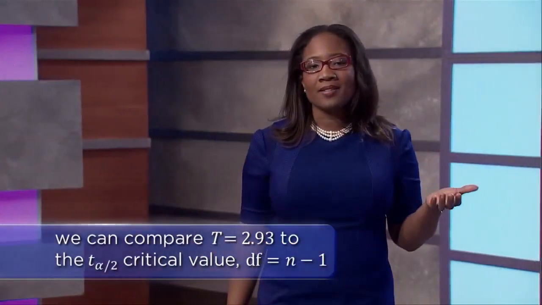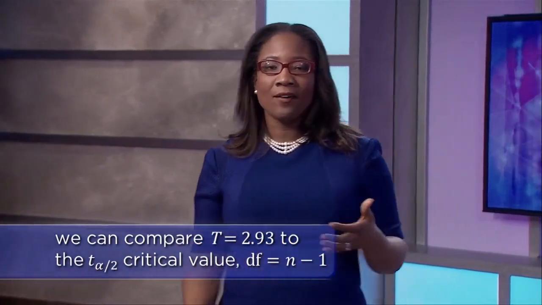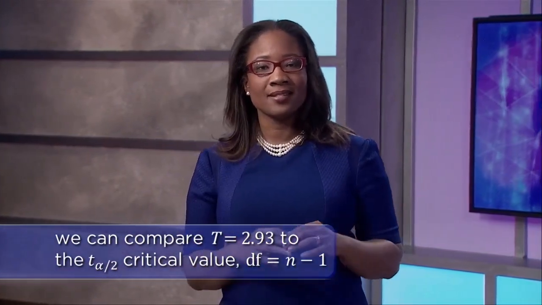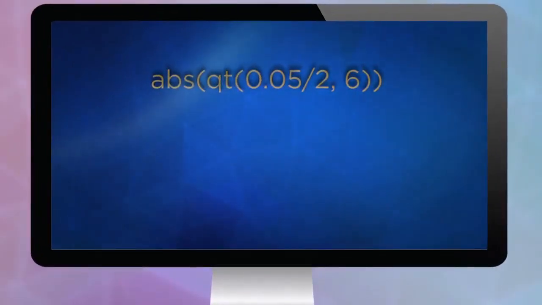Now, we can compare this to our t critical value. This is our value at t alpha over 2, because it's a two-tailed test, with n minus 1 degrees of freedom. And here's the code to actually get that out of R, both for a 95% test, so an alpha equal to 0.05, and also for a 99% test, an alpha of 0.01. In this case, we'd use the absolute value of QT.